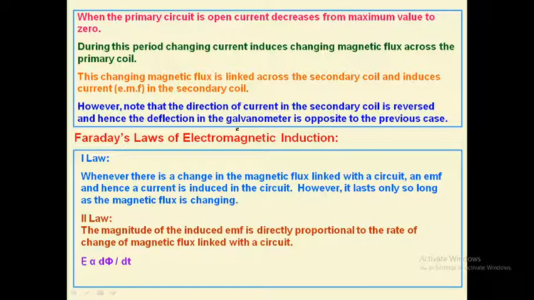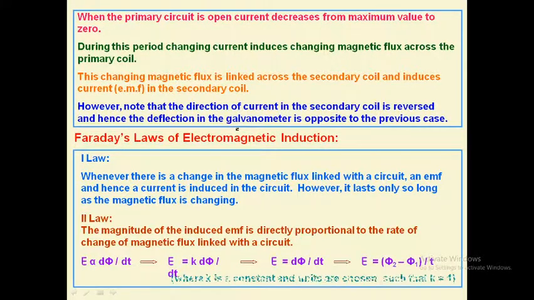So E is proportional to the rate of change of flux, mathematically dΦ/dt. Then you can write a constant k here, k dΦ/dt. The constant is so chosen that its value is 1. So no need to write the constant when we know that its value is 1.